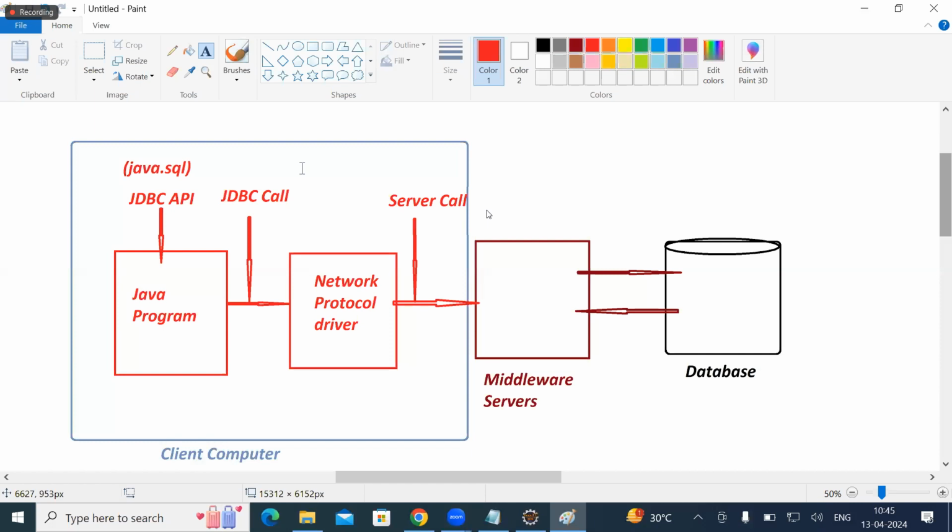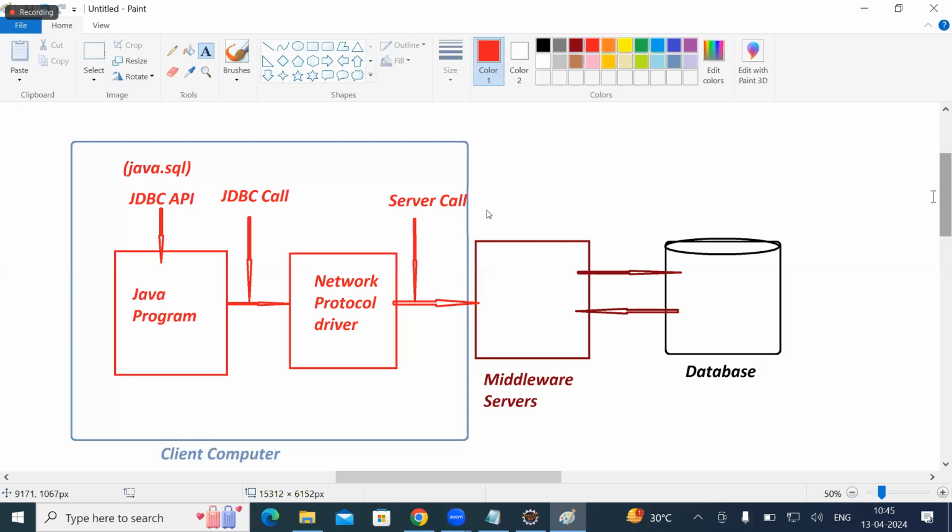The major intention of Type 3 is no need to involve ODBC, no need to download any native library, just make a call to one middleware server. So in Type 3, the network protocol driver will take the support of middleware servers to interact with the database product.